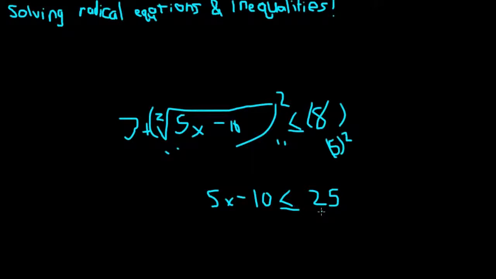Then you solve that, add 10, and you get 35, and then 35 divided by 5 is 7. So x is less than or equal to 7, right?